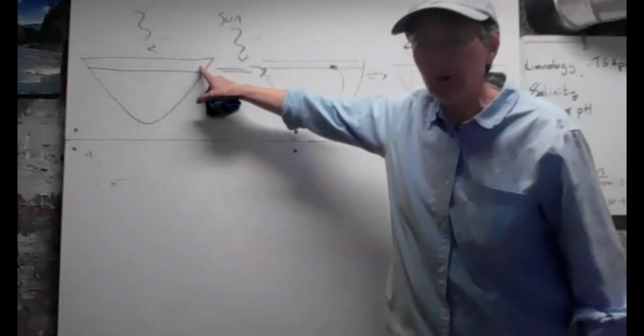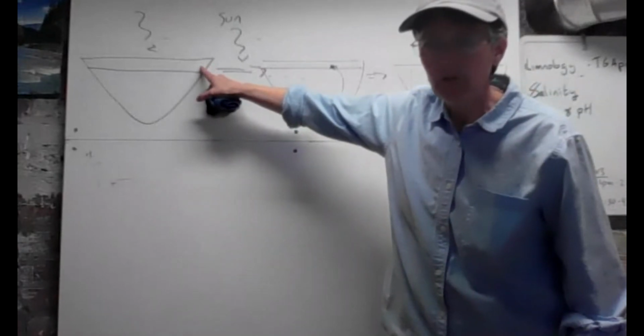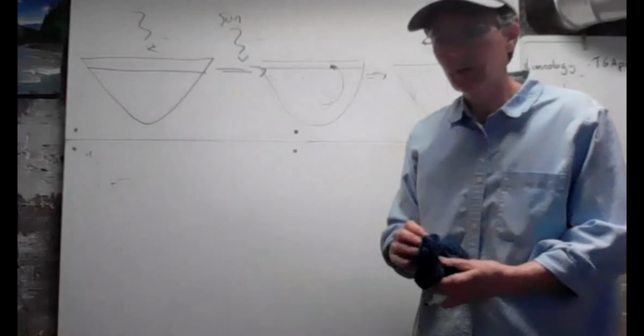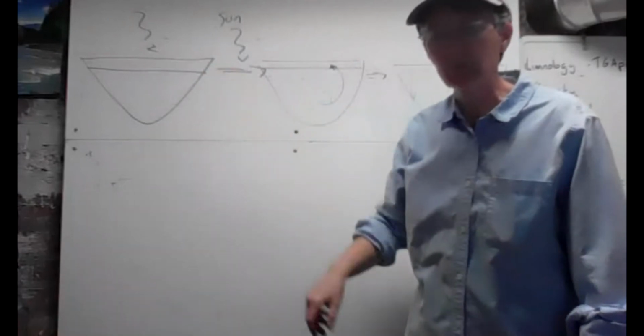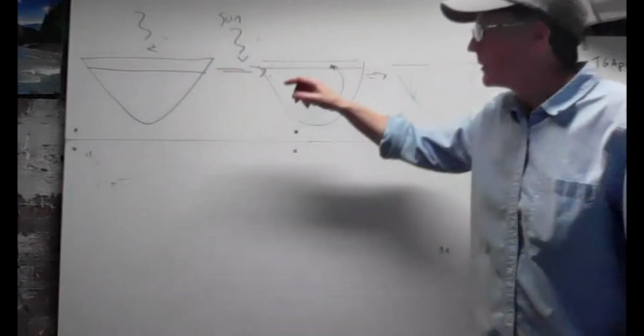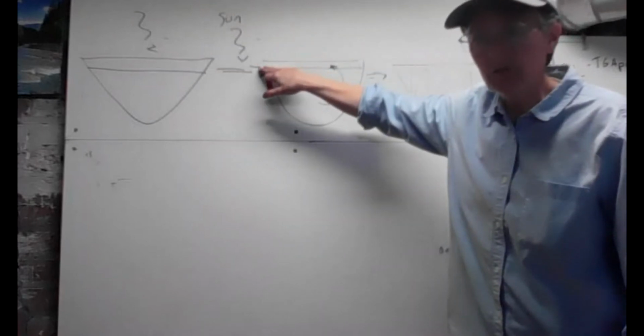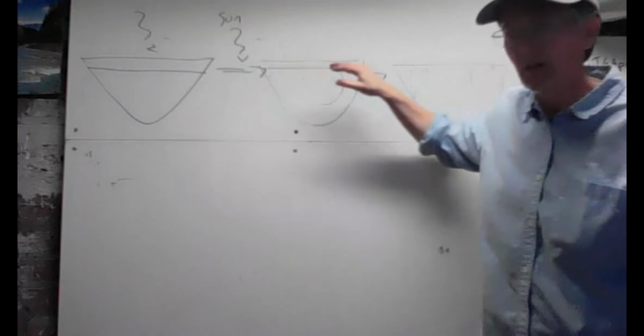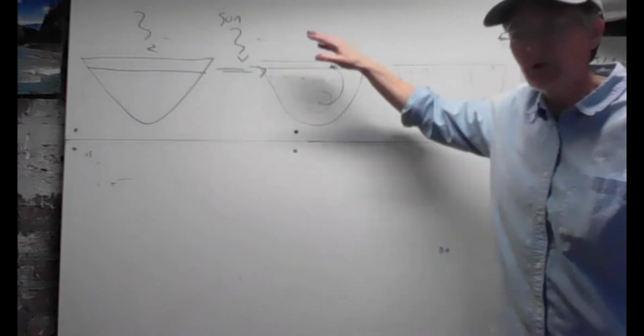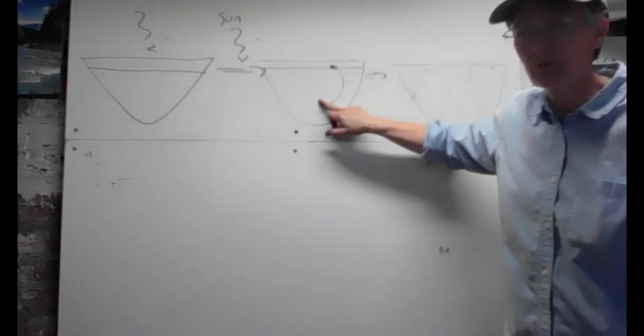So you start out with, here's our ice. How much heat will it take to melt this ice completely? Then a certain amount of that energy comes from the sun. And then whatever energy didn't come from the sun must have come from the water.